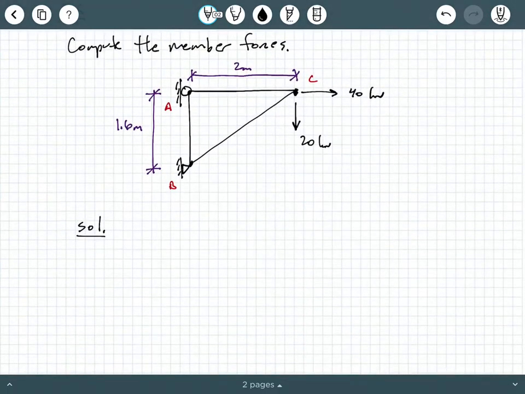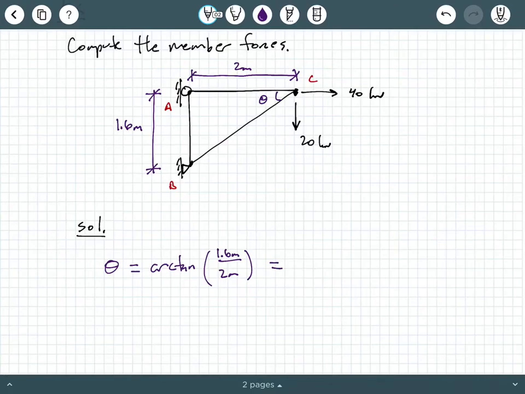The first thing is, if you notice the dimensions of this truss, they're not as user-friendly as the previous example was. So if I were you, I would go ahead and maybe calculate this interior angle right here. You don't have to, but I'm gonna go ahead and do it and call it theta. So I'm gonna say theta equals arctangent of opposite over adjacent, so 1.6 meters over 2 meters.